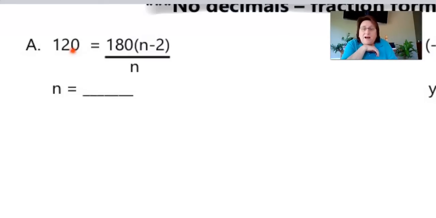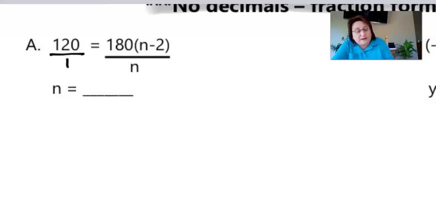Now, guys, we have a whole number equal to a fraction. Oh, hey, Miss Smith, if we have a number that's equal to a fraction, we can put that number over 1 and then cross multiply. Yes, we can, except for the fact that, guys, we have parentheses in this numerator right here. We need to simplify this first, okay?